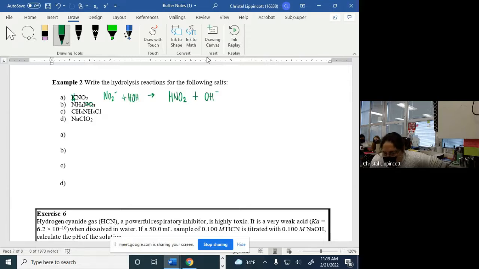So I can go down here and write, so I have a little more room. Now I'm going to take my NH4 plus and HOH. What's it going to grab from here? The OH, leaving an H behind. So H plus and NH4OH.